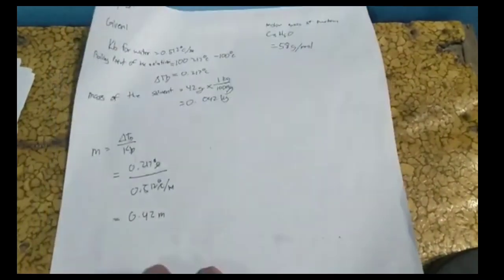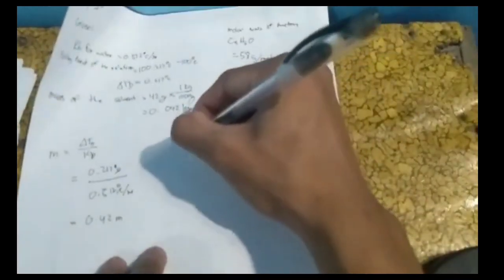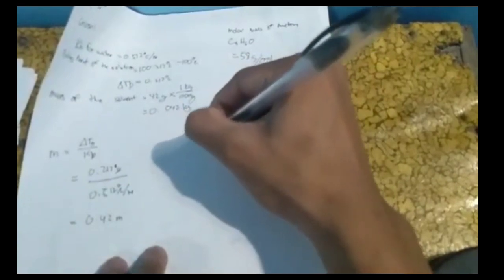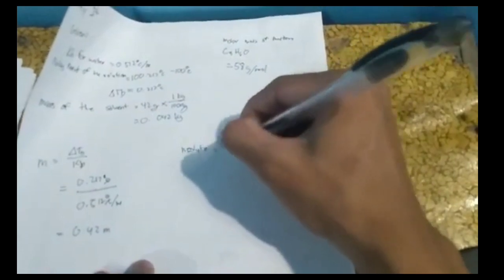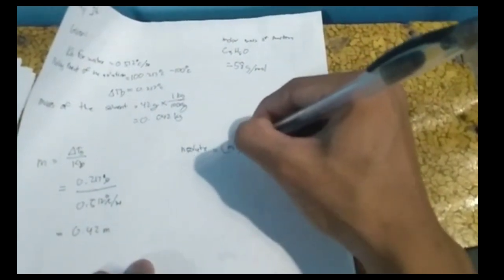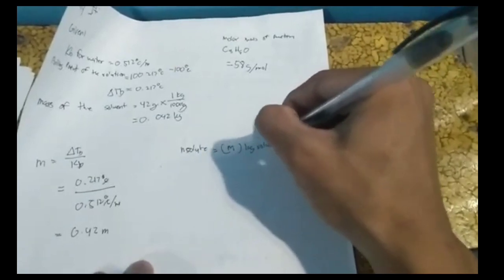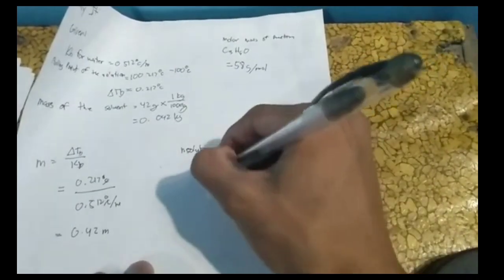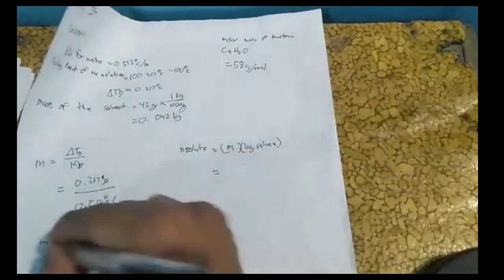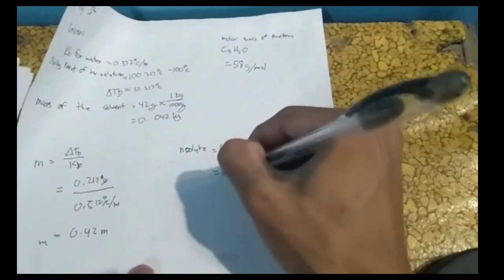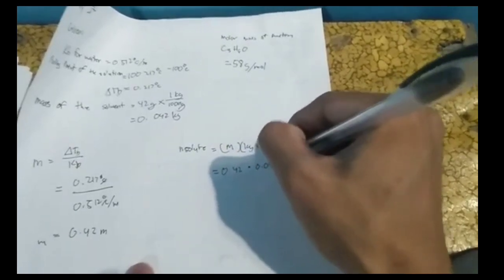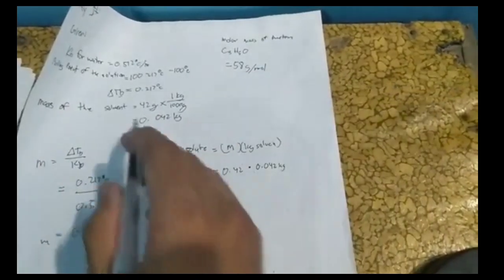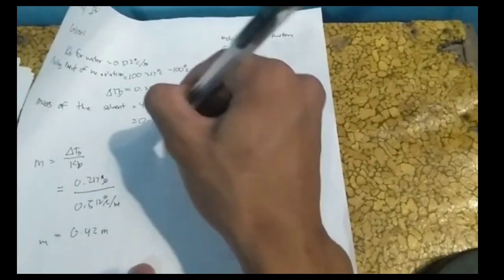And for the next one, for the n solute, we have the m multiplied by kilograms solvent. We have this m, 0.42, multiplied by 0.042 kilograms. So this is where the kilograms are.